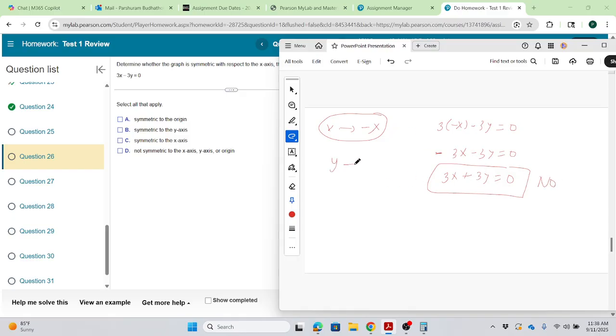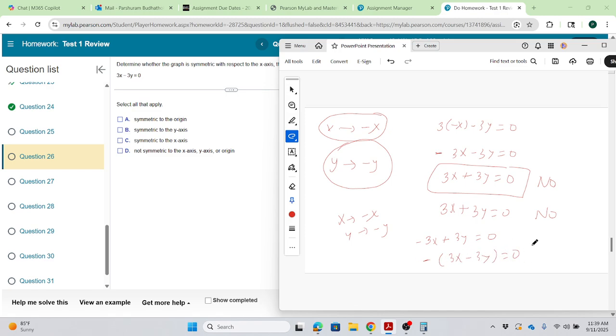For the x-axis, replace y by negative y in the same equation, and if you do that, you are going to get the same thing like here. So this is not symmetric with respect to the x-axis as well. What about the origin? Let's replace both by negatives, and in that case it would be negative 3x plus 3y equals 0, and if you factor out the negative, this equals 0.